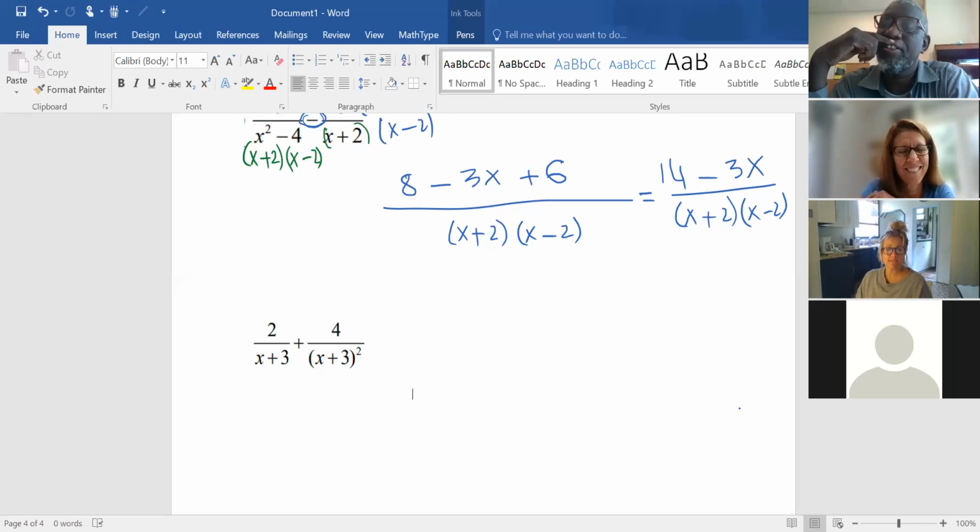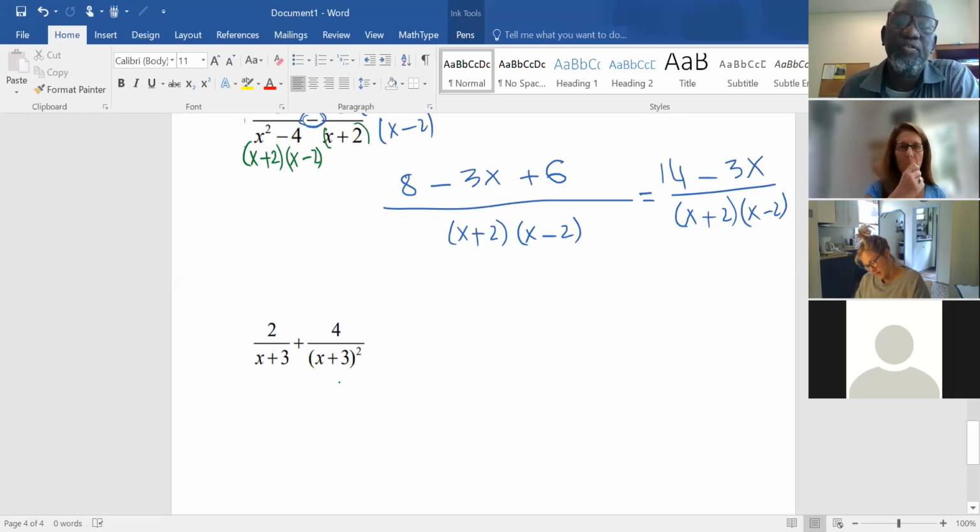So yes, we're doing that, but we don't really need to. But now I see, we need it 2 times. So now I'm going to multiply the 2 times x plus 3, because x plus 3 is the common denominator.